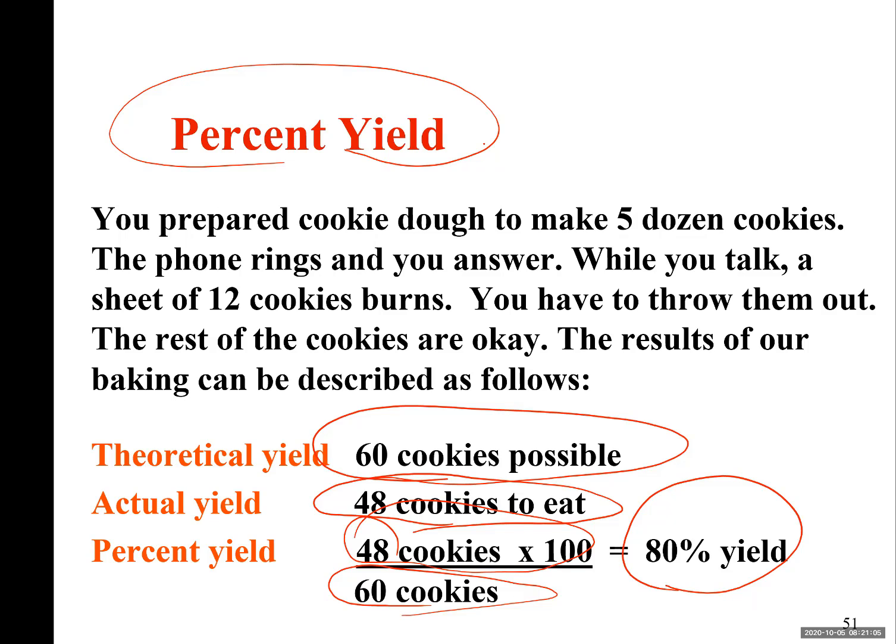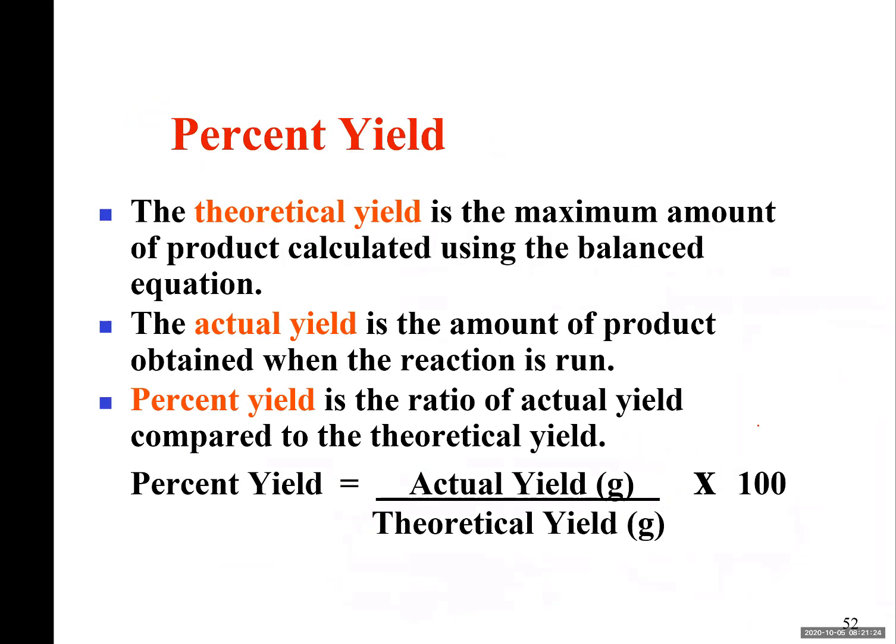So in percent yield, you're comparing what you plan, what you thought, what theoretical thinking is, with what the actual result is. So do I have a formula? Yes, I can give you a formula.